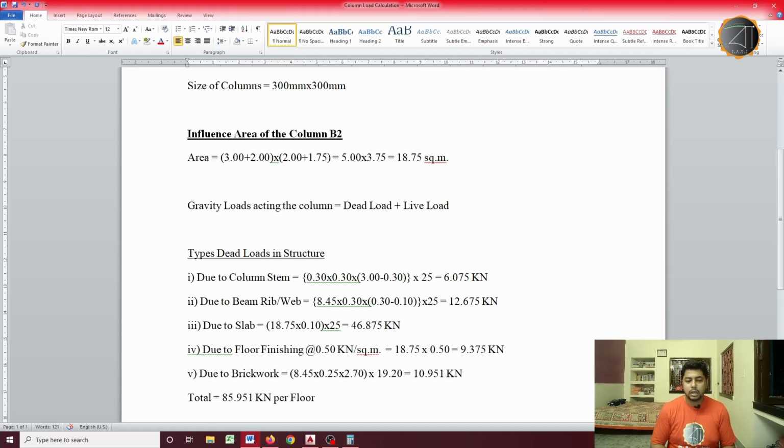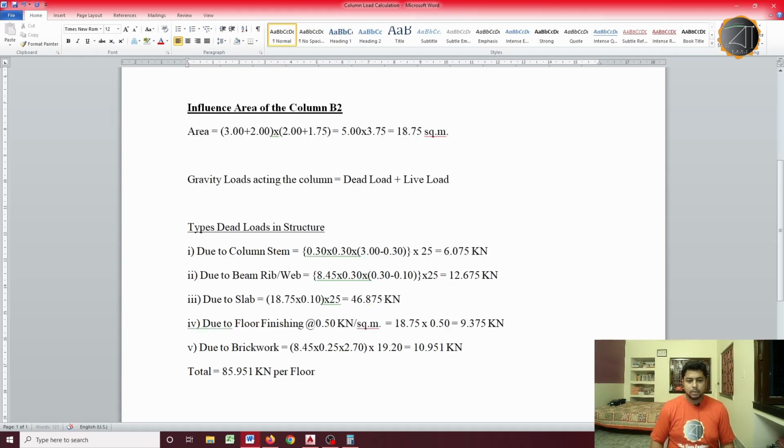We have already considered the loads only for a single floor. Suppose it is a two-storied building, so we have to multiply it with 2, okay, and we have to now do the workout for the live load.